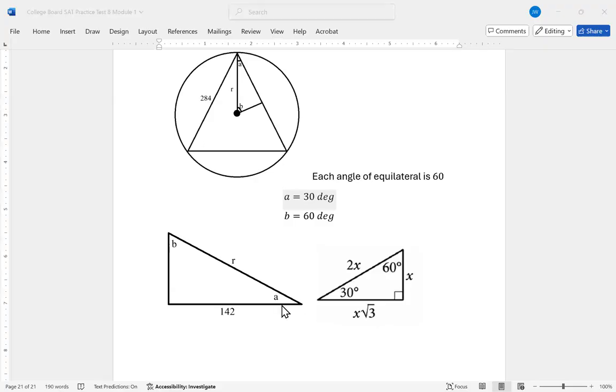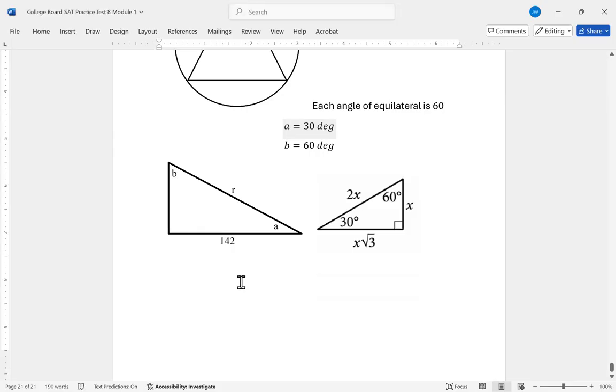So I have these two pictures, all right? And what these two pictures tell me is that x times root 3 is 142. These are the ratios of the sides. So x times the square root of 3 is 142, which means that x is equal to 142 over the square root of 3. And then my hypotenuse, which is my radius r in this case, is equal to 2x.